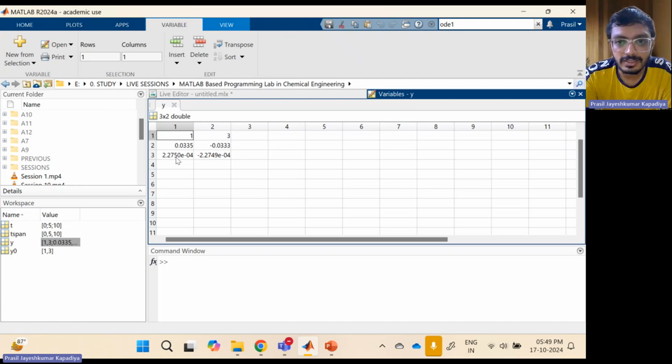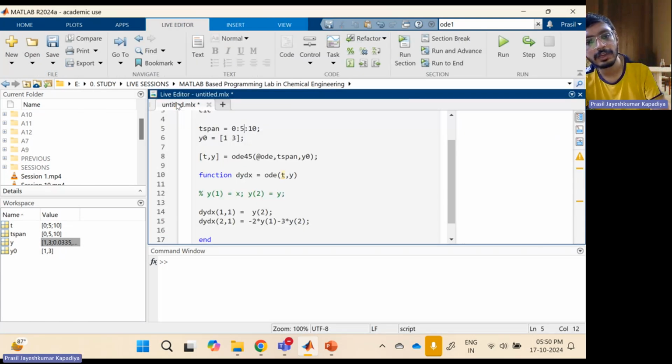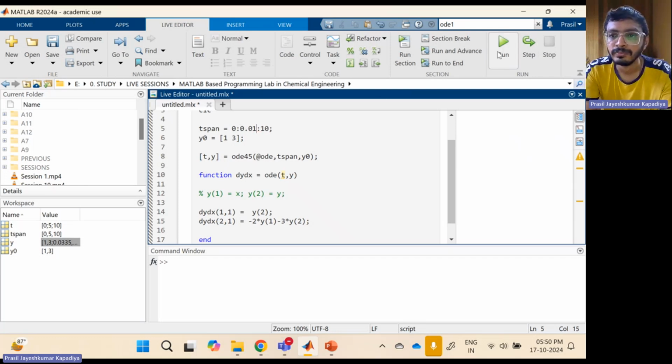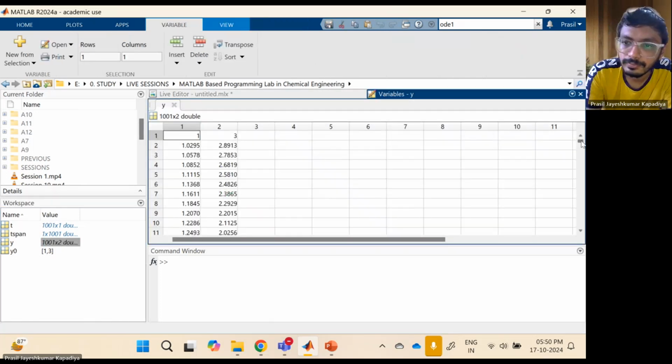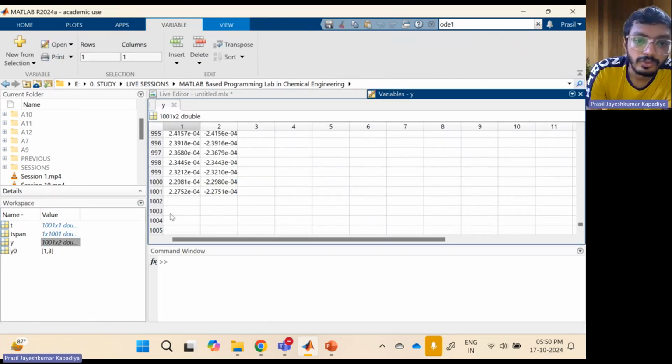Yeah, still this ode45 is giving the correct answer, but generally we should not use this long a step. We should have the value of delta, this difference, to be as small as possible. I use 0.01. So we are getting the same.